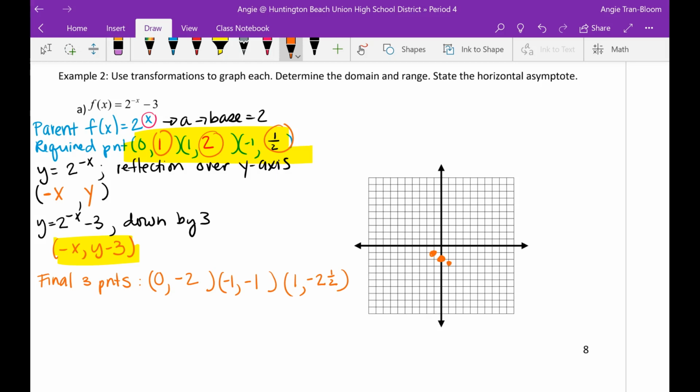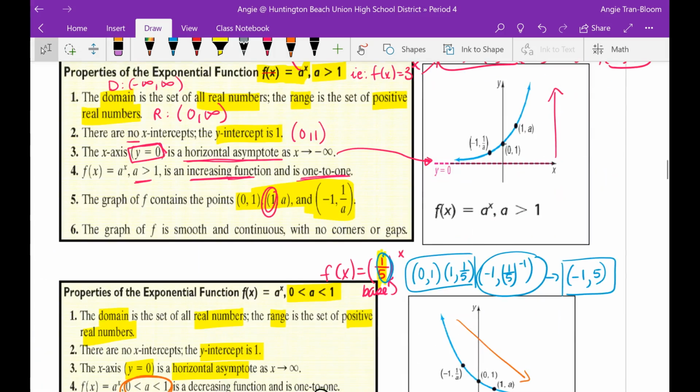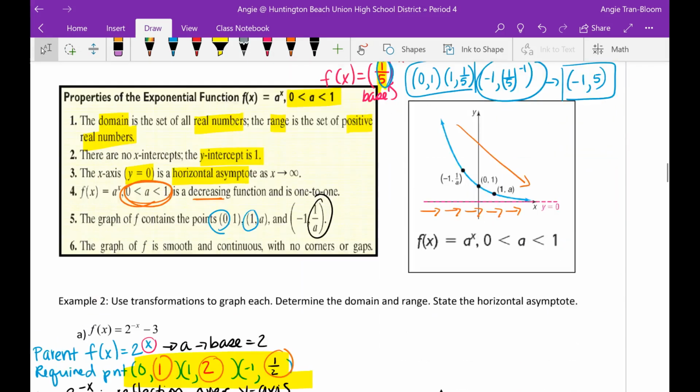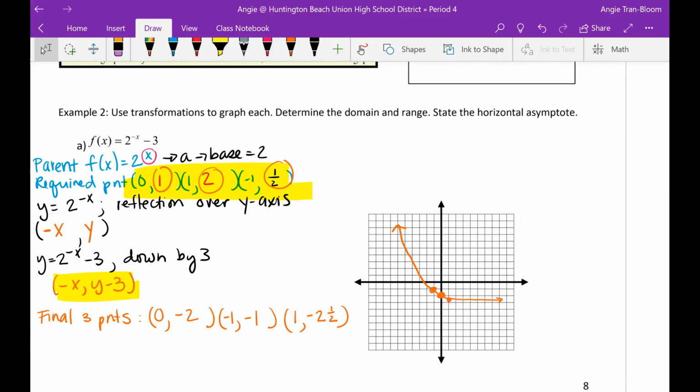What is it going to look like? Well, it's going to look like this. Then you're going to ask me a question. Isn't a 2? According to a bunch of writing up here, when a is greater than 1, shouldn't it be an increasing function? True, but what's really happening is this guy right here, f of x equals 2 to the negative x plus or minus 3.